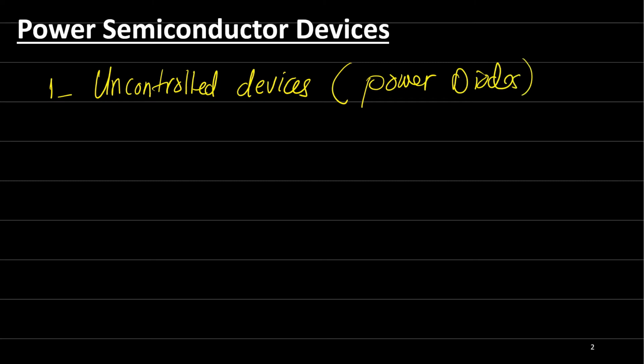Because, as you know, diodes don't use any signals to be on or off. We just use the flowing current. If there is current flowing within the circuit, the diode will be on, and if there is no current, or if the current is in the opposite direction, then the diode will be off.